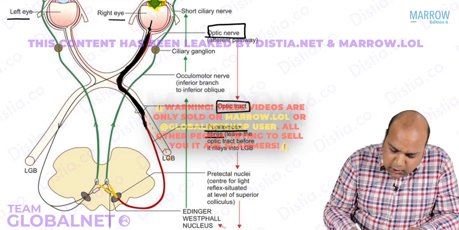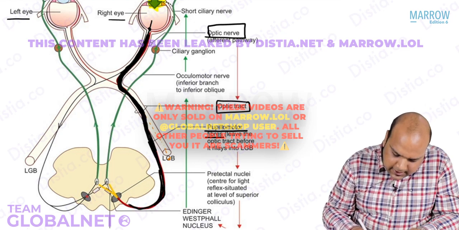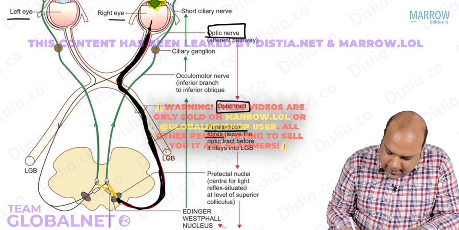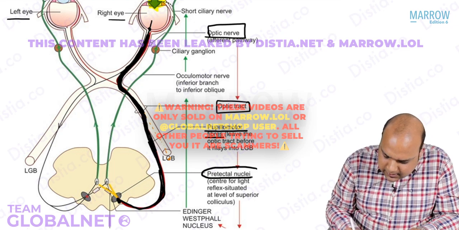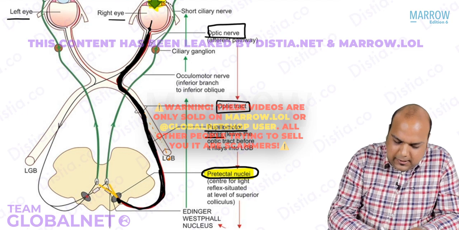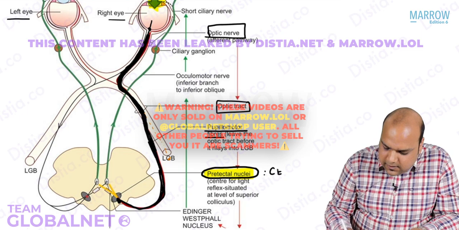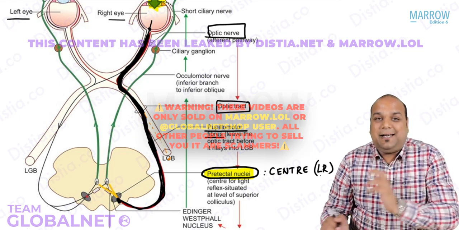They leave the optic tract, as you can see here. Keep following my black line, everybody. And instead of going to the lateral geniculate body, they go to a new place, and that new place is called the pretectal nuclei. Very important part, because we call it the center for light reflex.